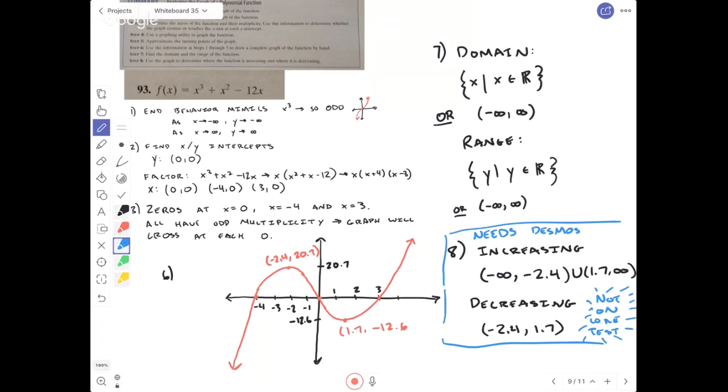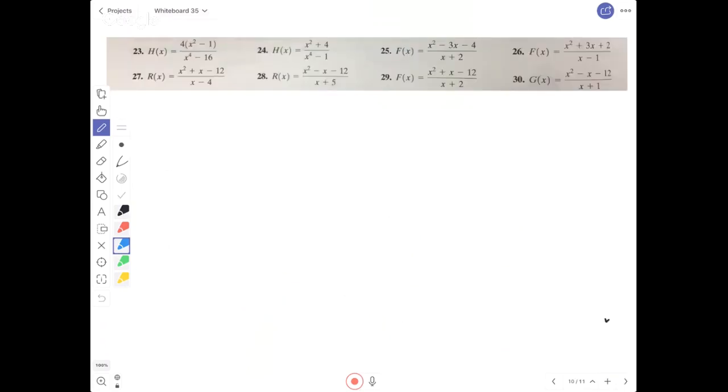Any other questions about graphing polynomial functions? Seeing none, let's take a look at a rational function. Okay. Where's a fun-looking rational? Hopefully one we didn't do in class.